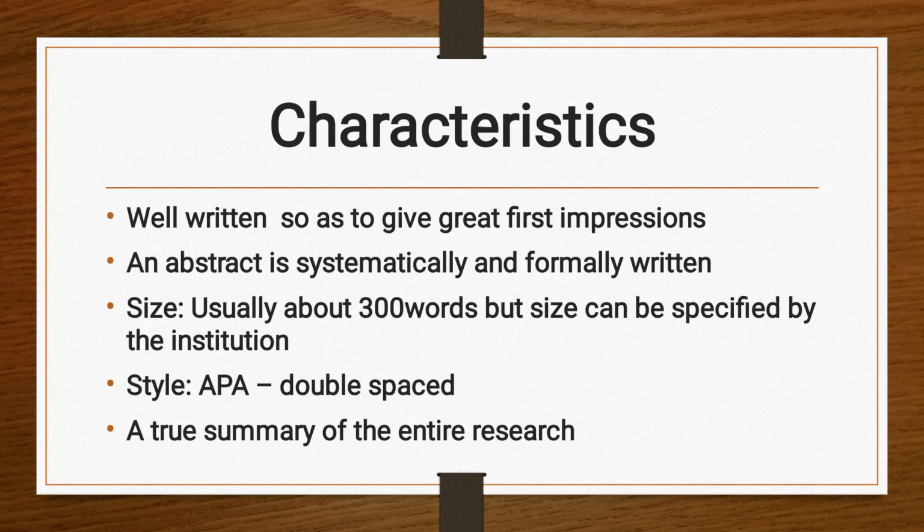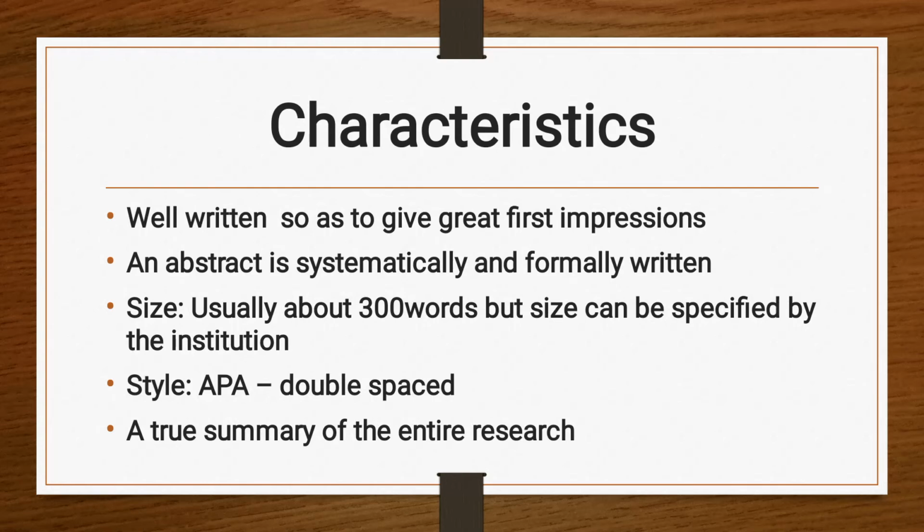As a result, it should give these first impressions, and it is these impressions that will determine whether the reader will read the entire research or not. An abstract is systematically and formally written. So in fact, there are aspects to be written in order, and I'm going to give you that information soon.